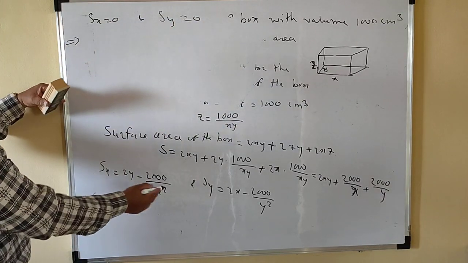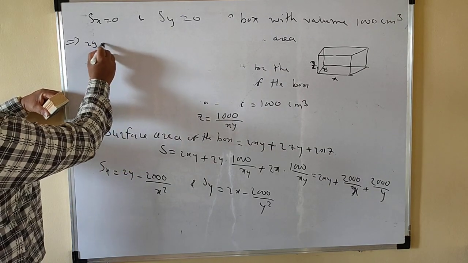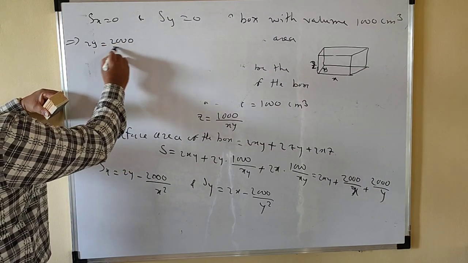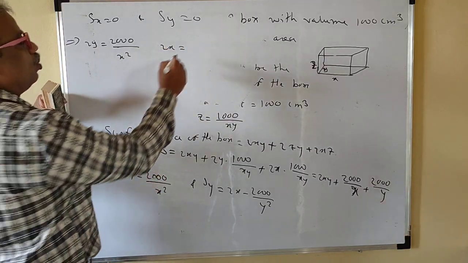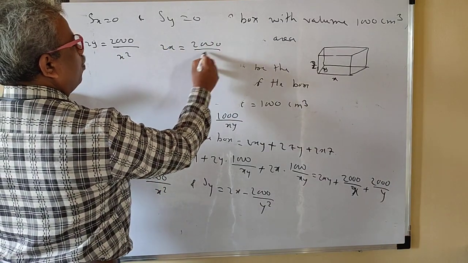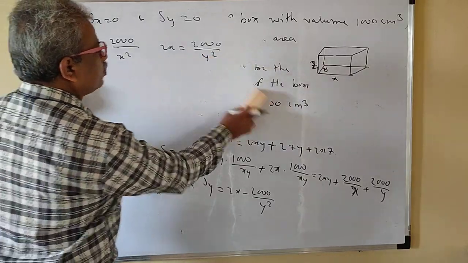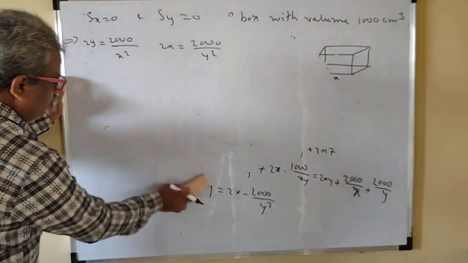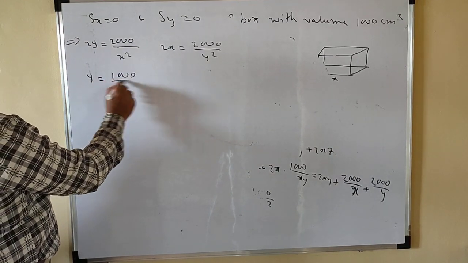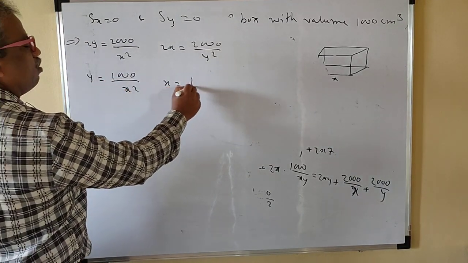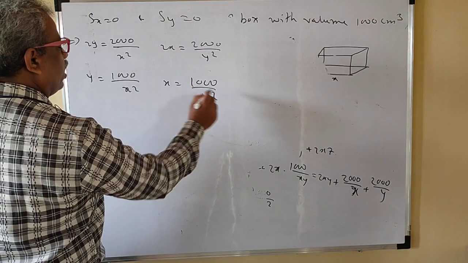This implies that twice y is equal to 2000 upon x square, and twice x is equal to 2000 upon y square. Okay. So now y is equal to 1000 upon x square. x is equal to 1000 upon y square.